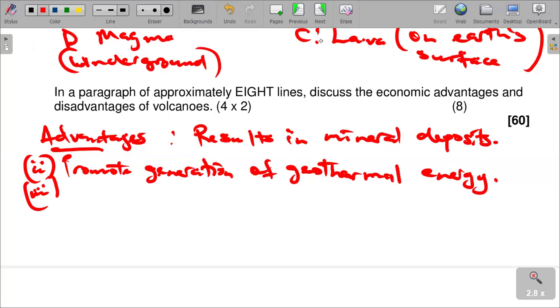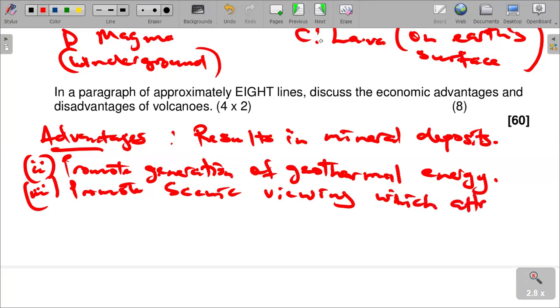We can also talk about how it creates beautiful landscapes that promote tourism. It promotes scenic viewing, which attracts tourists.